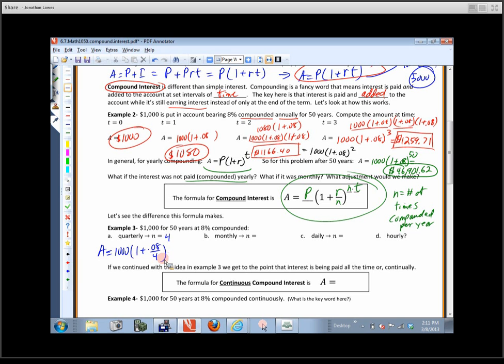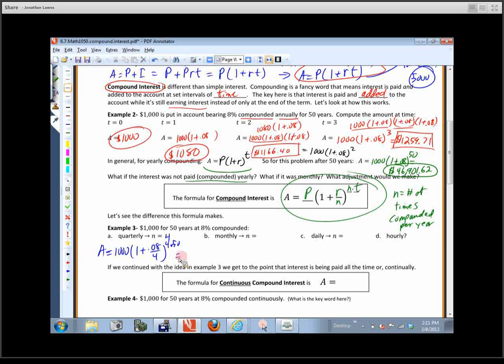Now, if you're paid interest 4 times a year for 50 years, how many times would they pay you interest? 200. And guess what the exponent is? 4 times 50, so it's 200.